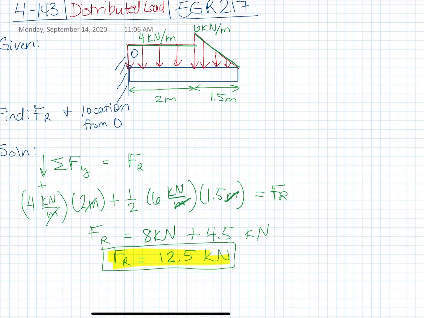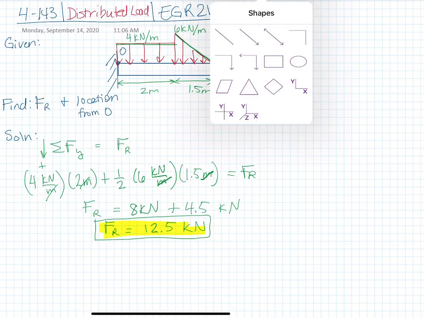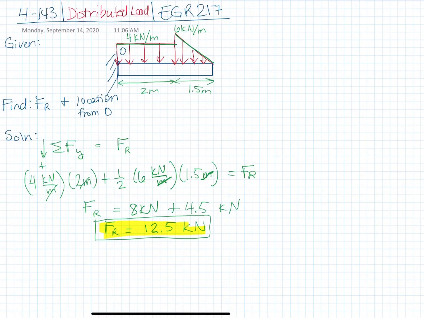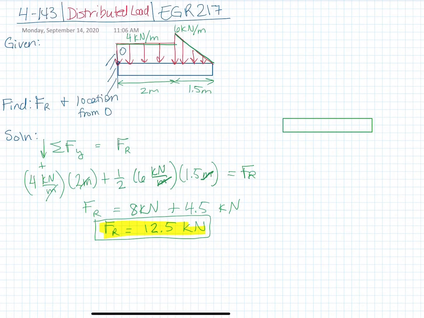What we're going to do here is redraw these, or do the drawing again. So let's draw another beam. We have that 4 kilonewtons per meter over 2 meters, and that's a rectangle.